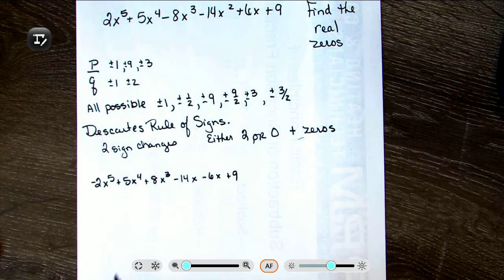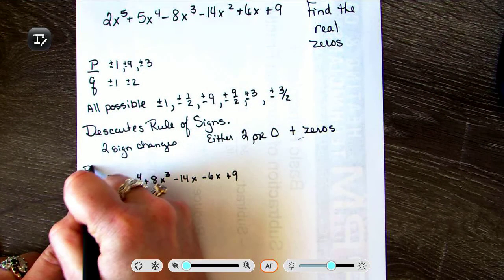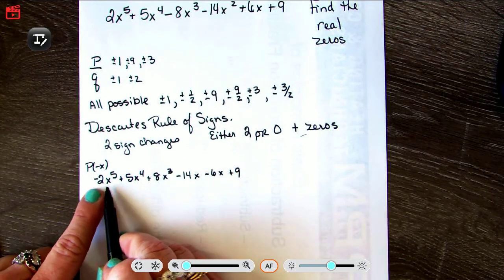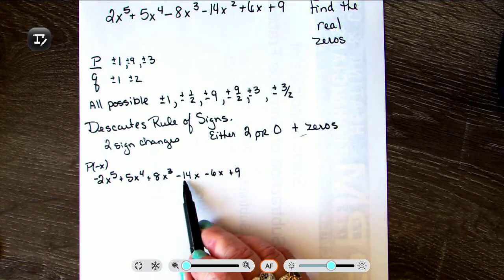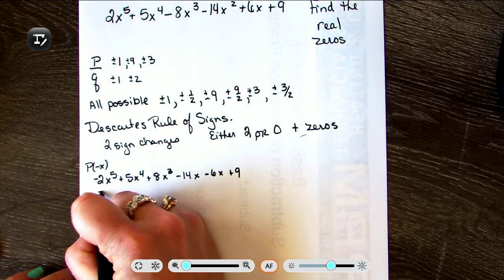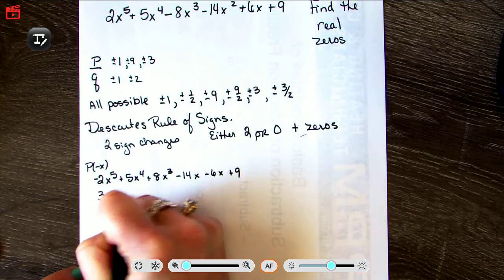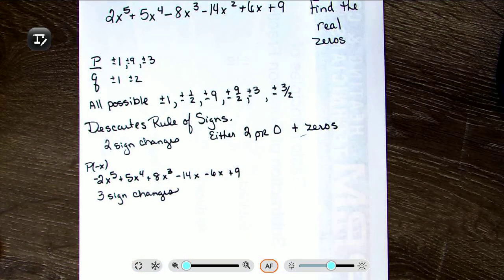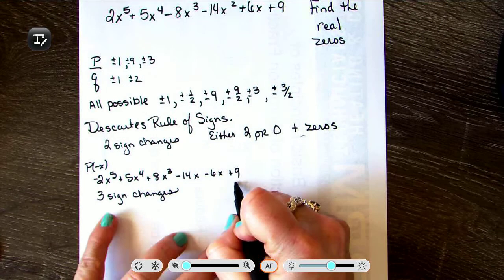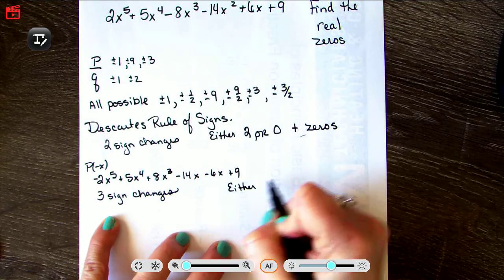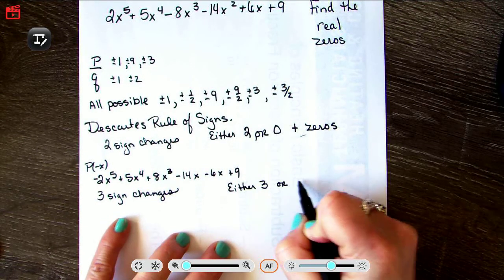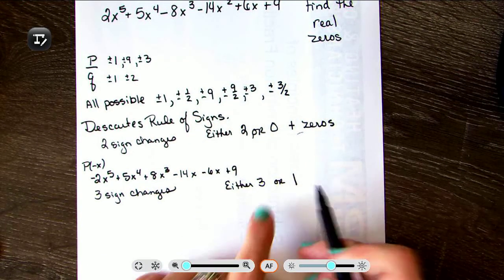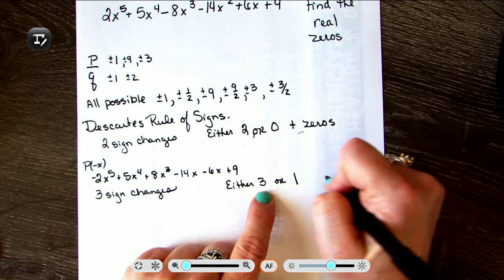So looking at our sign changes of P of negative x, here we're negative, then positive, then negative, and then positive. So we have 3 sign changes, which means we have either 3 or 1 negative zeros.